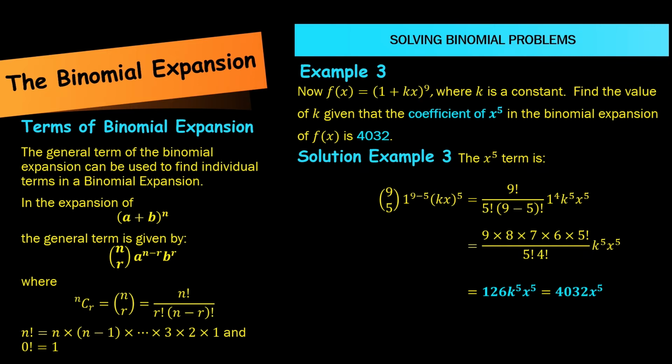And of course, as given in the question, the coefficient of x to the 5 is 4032. So we can now start to find the value of k to the power 5. So 126 times k to the power 5 is equal to 4032.